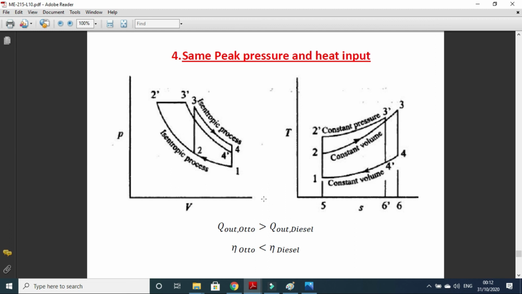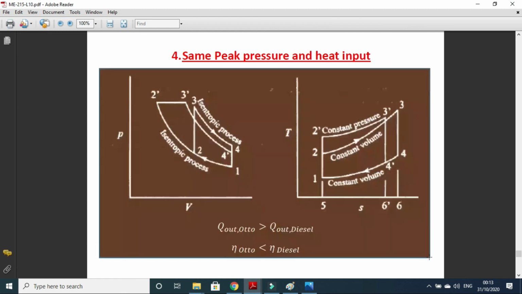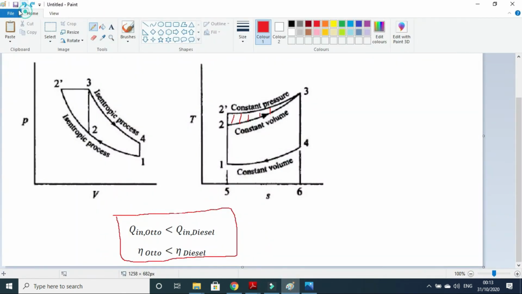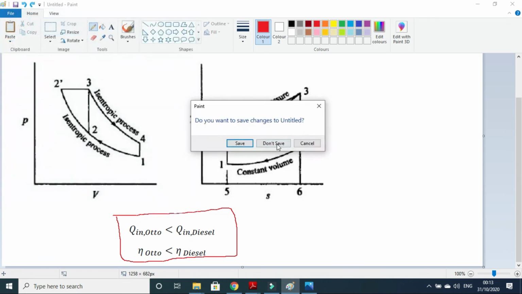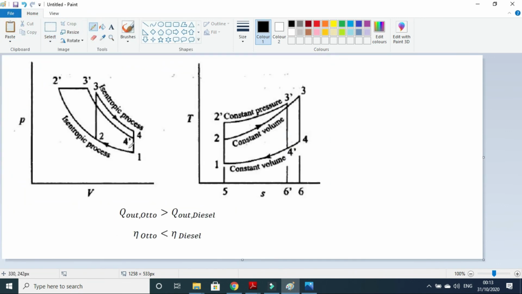Okay, I think this figure is slightly wrong, because it has the same peak pressure. 1 to 2, 2 to 3 should be somewhere here, and then it should go something like this, because the peak pressure should be the same, right?